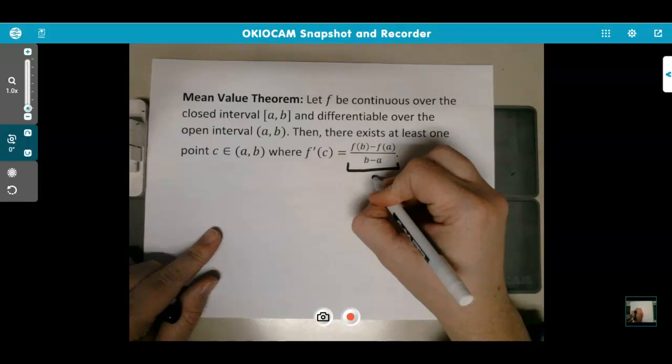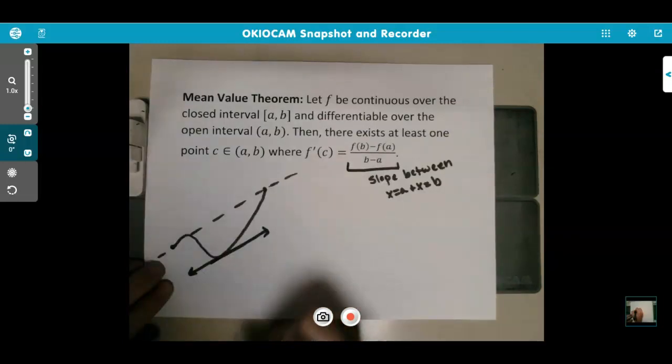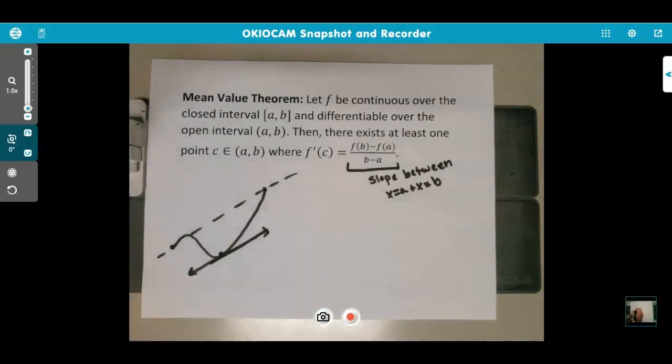Somewhere on that graph, the slope of the tangent line is going to be the same as the slope of the line between a and b. So looking at this line, somewhere on here, the slope of the tangent line is going to be the same as the slope of that line. So I can actually see that happens about right here. The slope is the same right here at this point.